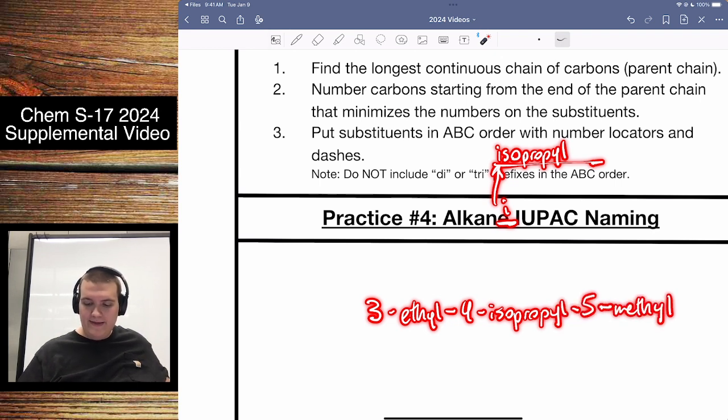And here it would be the I coming before the M. Whereas if it was just a propyl and not isopropyl, the P would be after M. LMNOP. Yes, that's right. Cool.